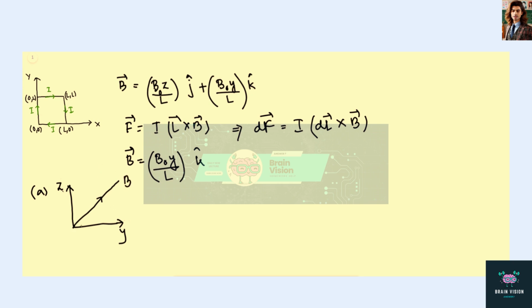And for y, for the origin, if the y changes, this is how it's going to look. So that is part A.